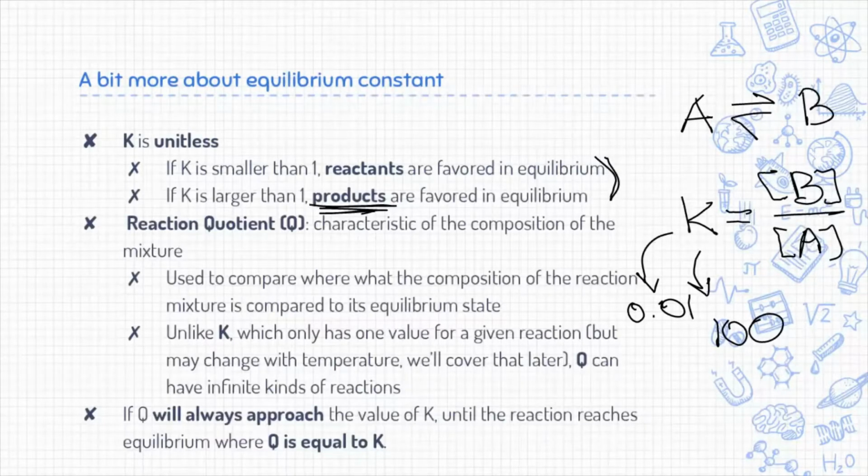Another concept that chemists like to use a lot is the reaction quotient. I think I pronounced that wrong, but it is basically characteristic of the composition of the mixture. What does that mean? It basically gives a value that shows what state the composition of the reaction is.